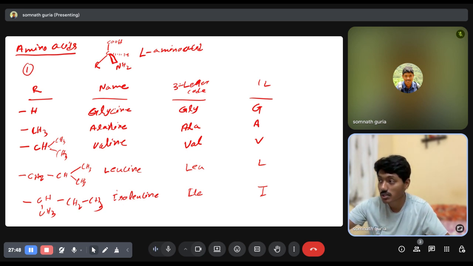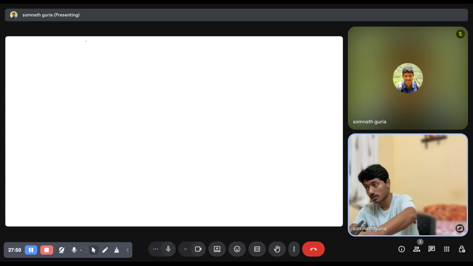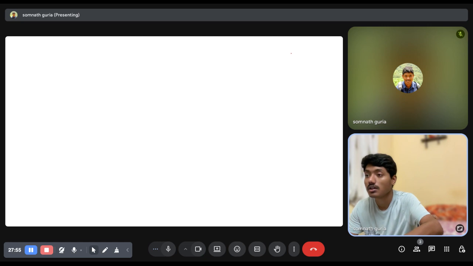Now coming to the aromatic ones. First of all, we have to draw this over here. This will be my COOH. Hydrogen will be at the back. NH2 will be over here upside, and that will be my R group.